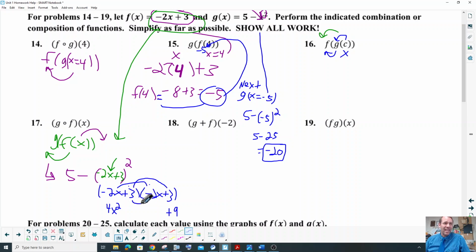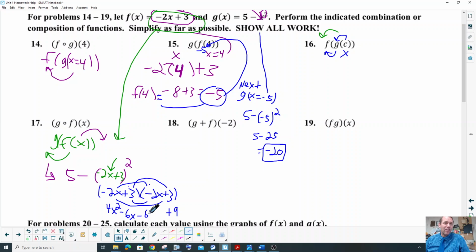So 3 times negative 2x is negative 6x. Good. That's the nose. And then we also do another 3 times negative 2x, which is another negative 6x.